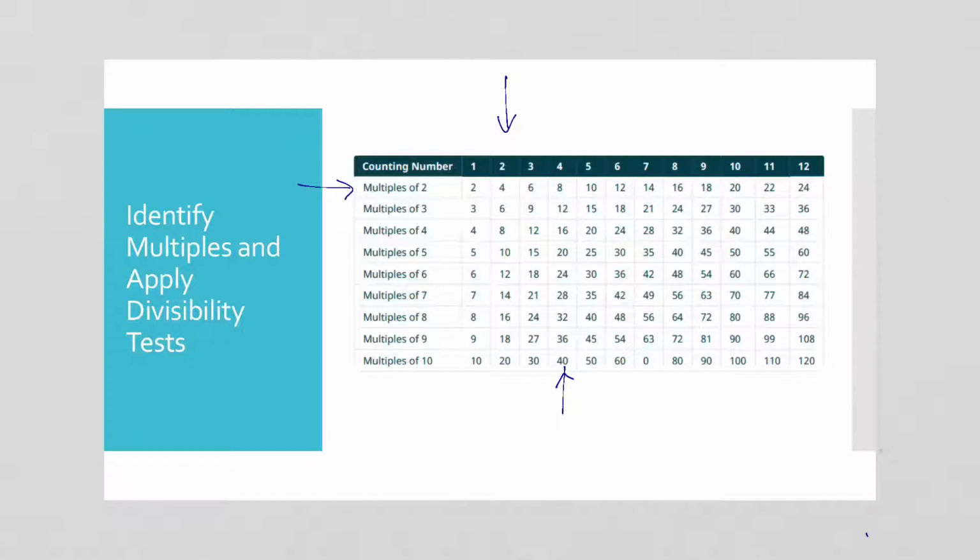Your 7s, look at that, every other one is even. Your 8s, every single one is even. Your 9s, again, we're back to every other one. Your 10s always end in a 0. And look at your 11s. Every other one is even. And your 12s are always even.